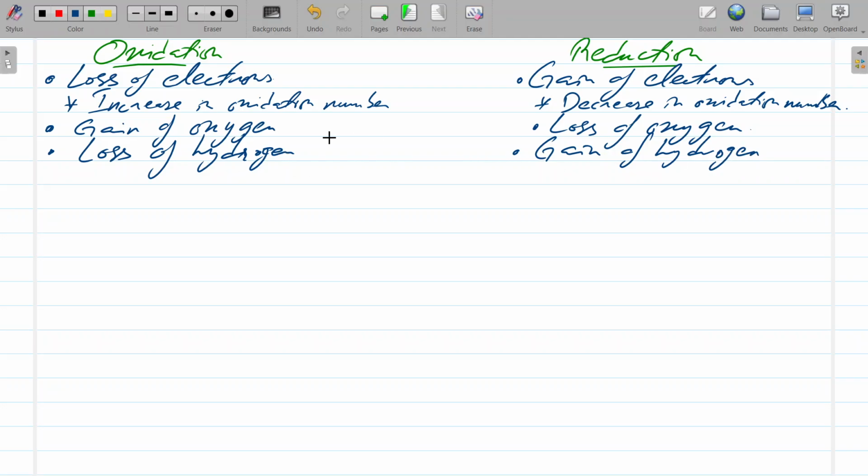As you can see, right, so it's the opposite thing. What you just saw with nitrate turning to ammonia, it gained hydrogen, it lost the oxygen. So the opposite, right, is oxidation, gaining oxygen, losing the hydrogen. Right, so these guys are opposites. And so any of these happening would constitute either oxidation or reduction. Any questions? No. Okay.